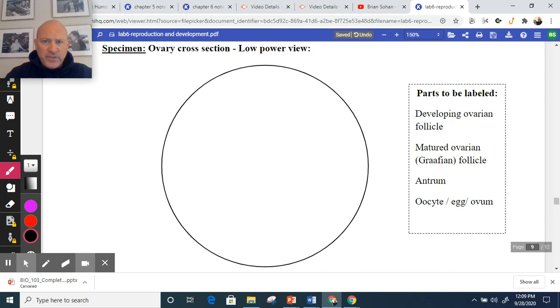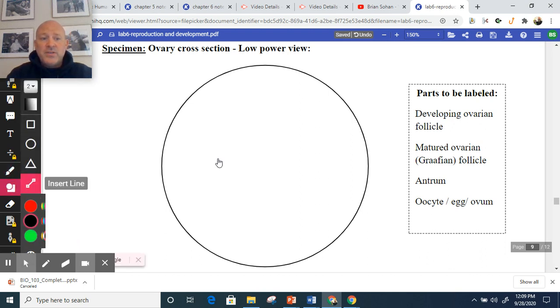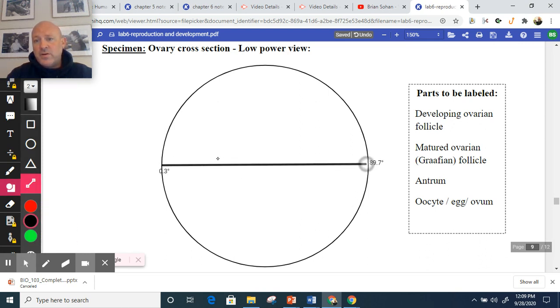That being said, if we change from high power to low power, we're kind of zooming out. The distance across is going to be bigger, right? Remember, there's an inverse relationship between field diameter and magnification.